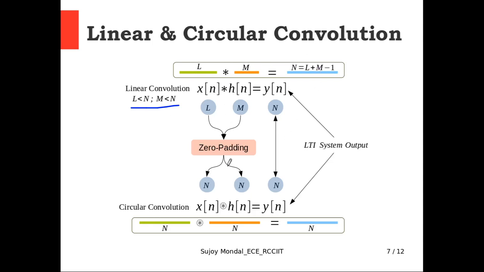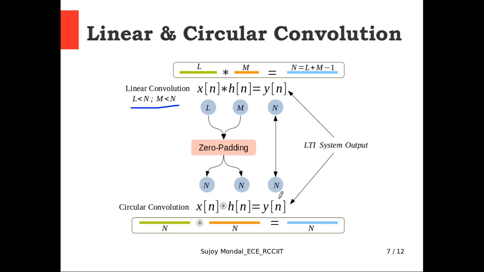Now we have seen in the previous slide that circular convolution can be related to linear convolution. That is, the same answer as linear convolution we can achieve through circular convolution under a specific condition, when the length of both sequences is the same, and that length is exactly equal to the output length of the linear convolution.